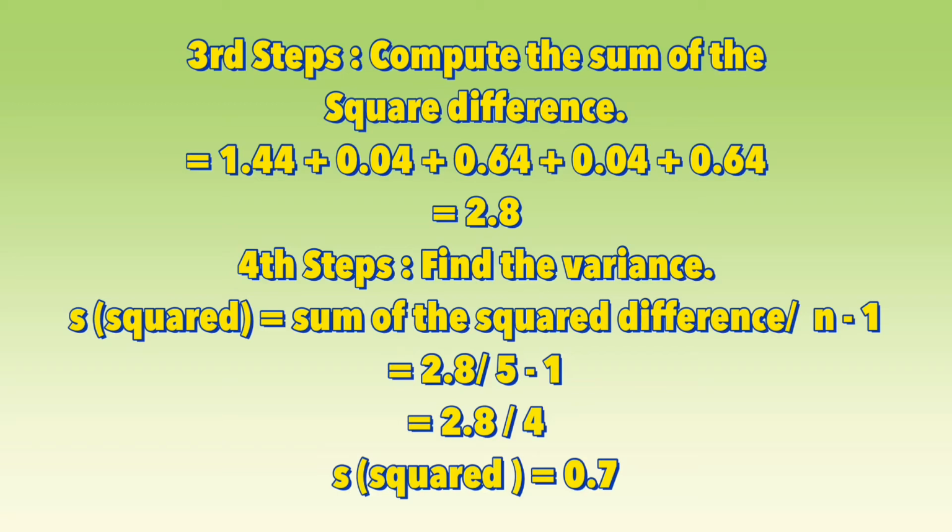Then we have 2.8 divided by 4. Then the variance is equal to 0.7. Therefore, this means that the approximate average of the squared deviations is 0.7.